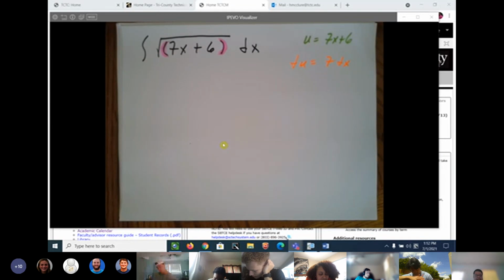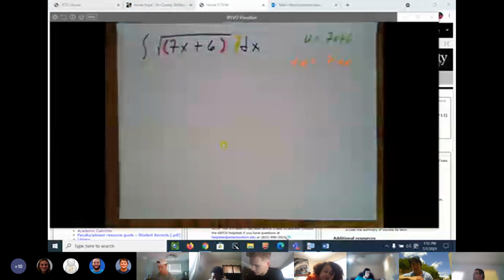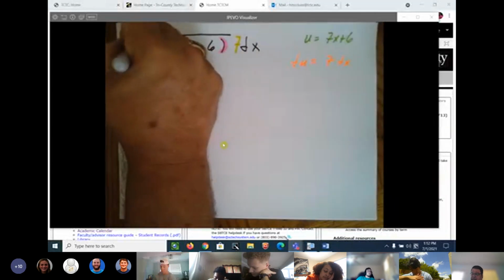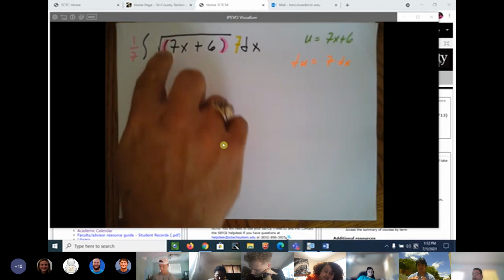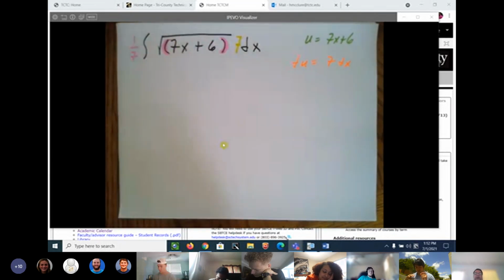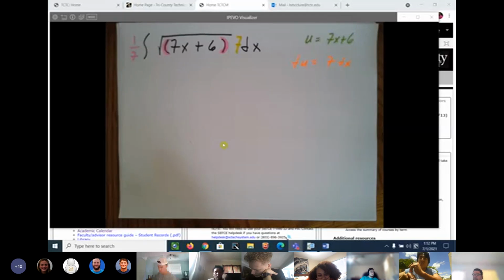Therefore, I've got to put a 7 right here, and I've got to put a 1/7 right there. Now I'm going to rewrite this, and you can rewrite it before, it doesn't matter. I'm going to put a 1/2 exponent. So 1/7.